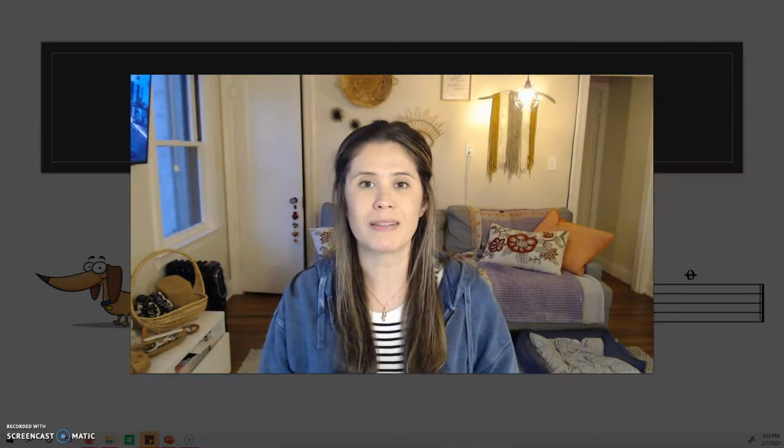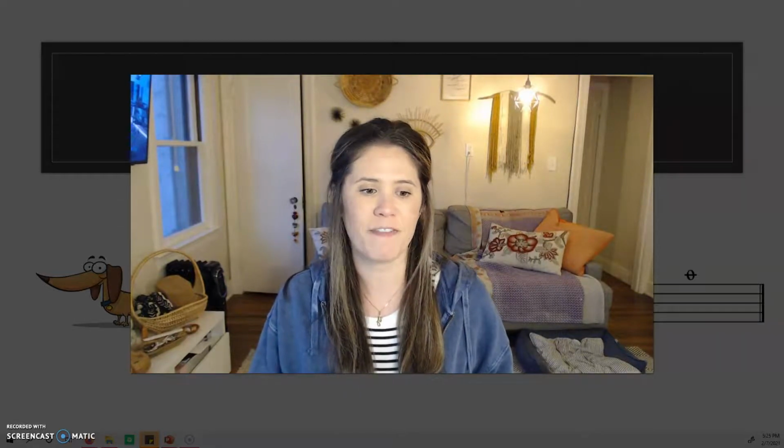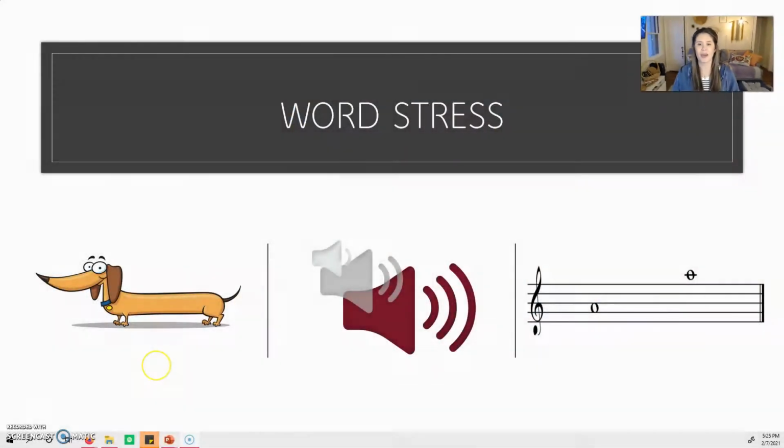Compound nouns have a specific pronunciation pattern, right? This is a specific stress pattern that we're going to be focused on. So first, let's define stress, okay? Not all languages use stress. So depending on your language background, this may be easier or more difficult to recognize.